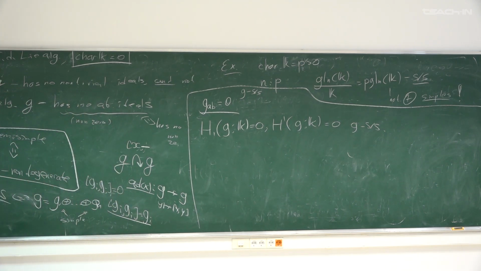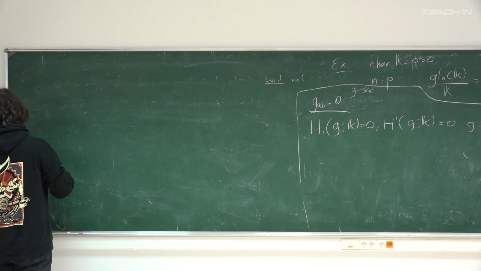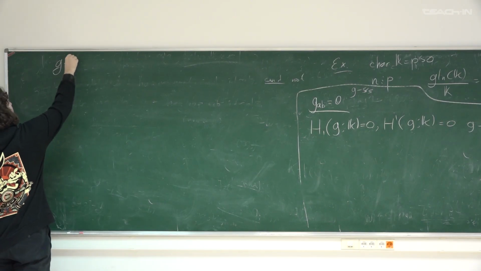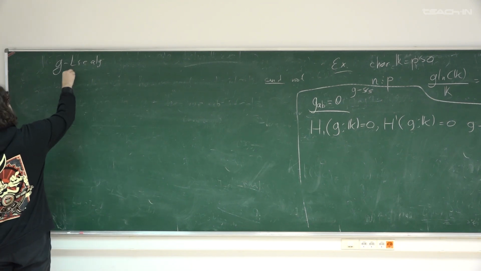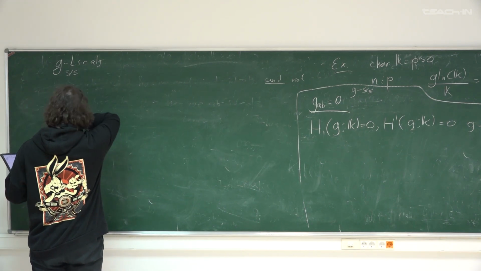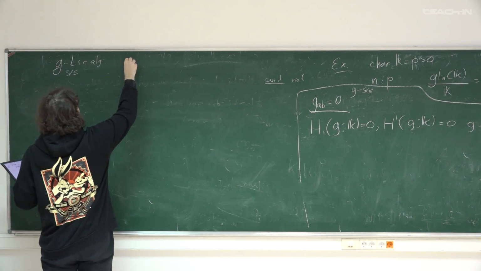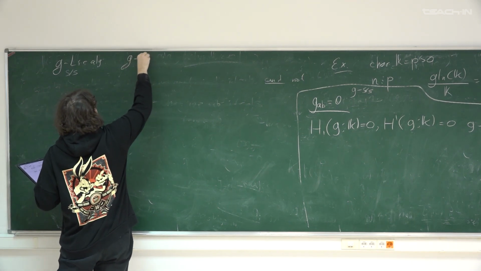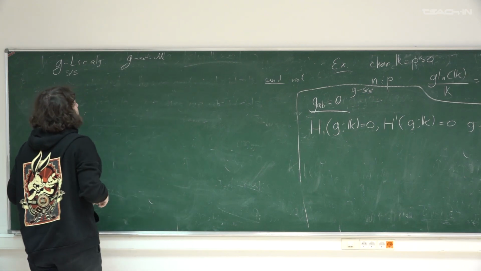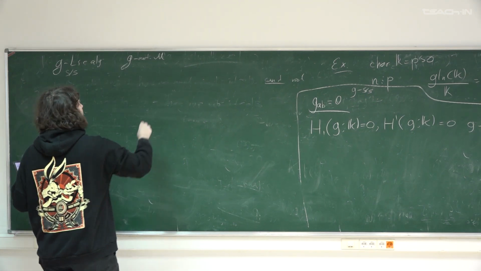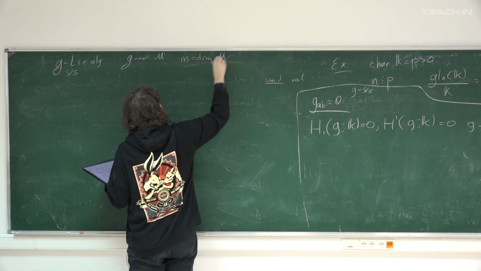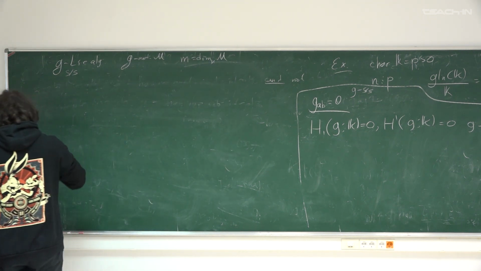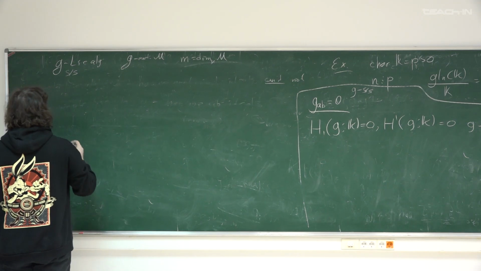Okay, now I need the construction of the Casimir element. Let's consider a semi-simple Lie algebra G and some representation of G, so some G-module, finite dimensional, of course. m is the dimension of M. So we obtain the action.